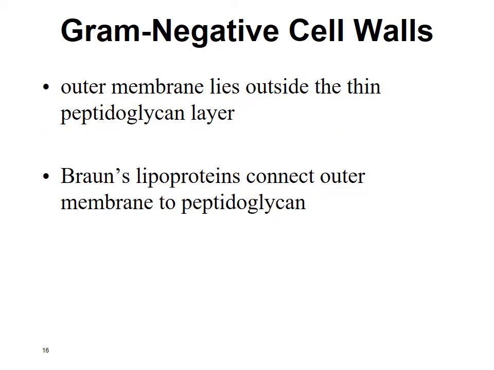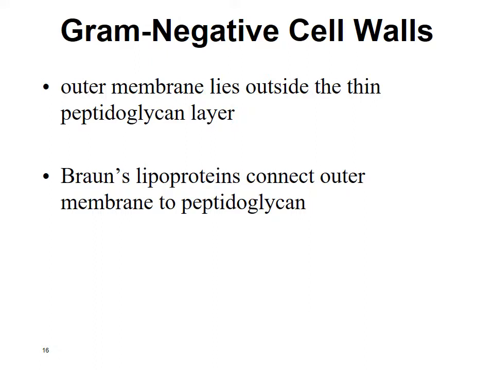The outer membrane of gram-negative bacterial cells lies just outside the thin peptidoglycan layer. It's actually linked to the cell in 2 different ways. The first is by a protein called Braun's lipoprotein. This is the most abundant protein in that outer membrane.